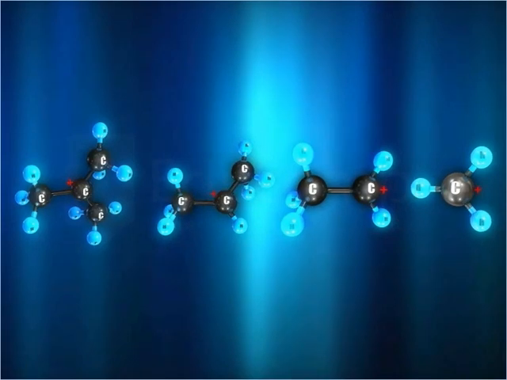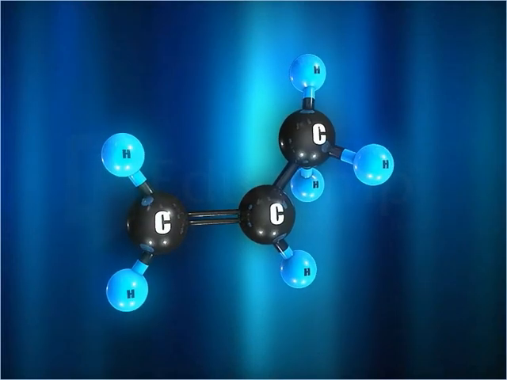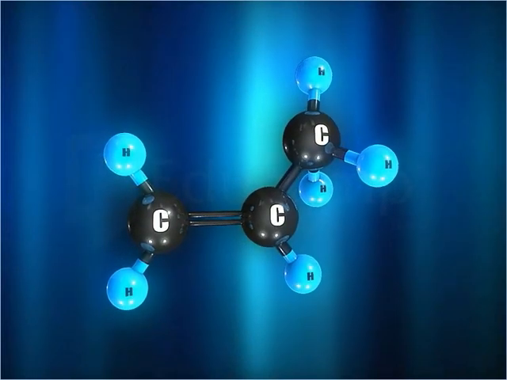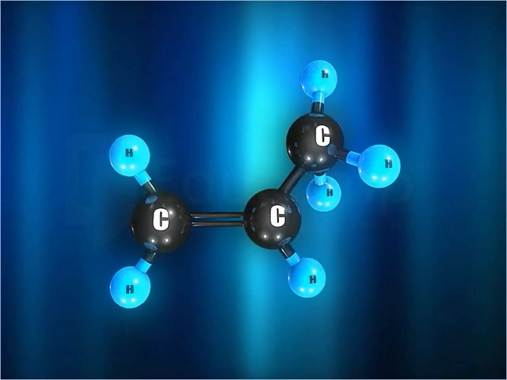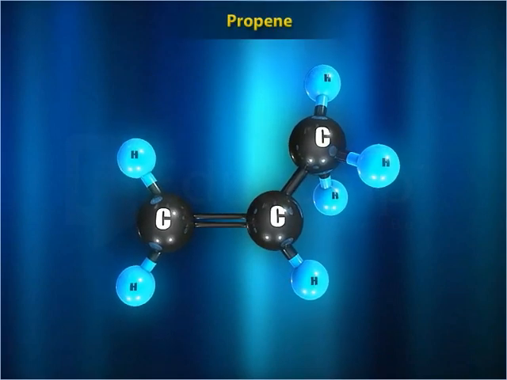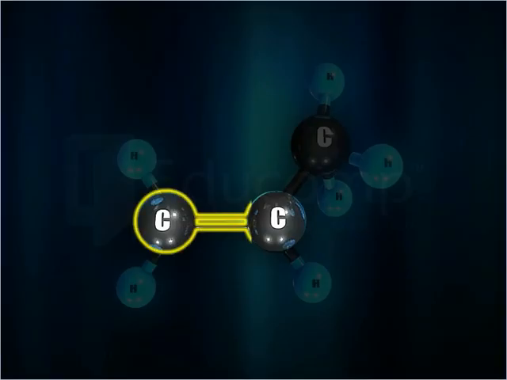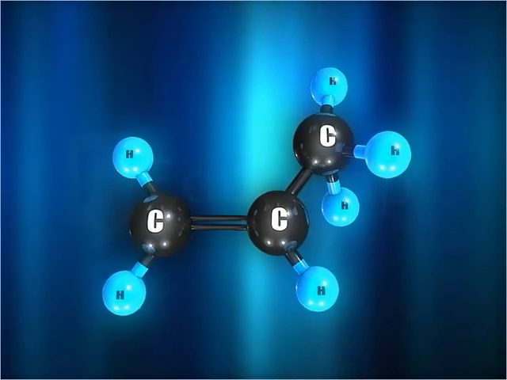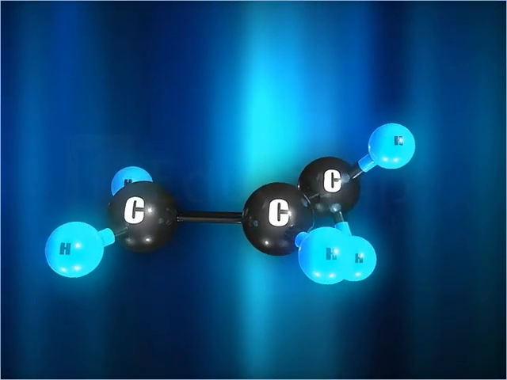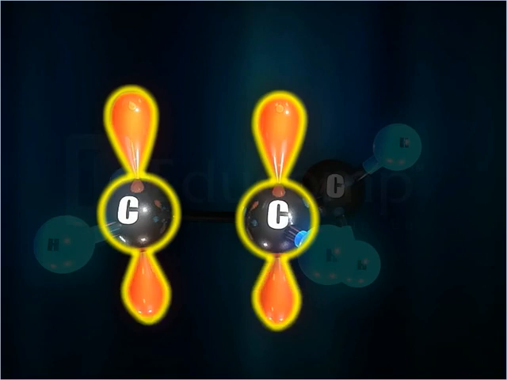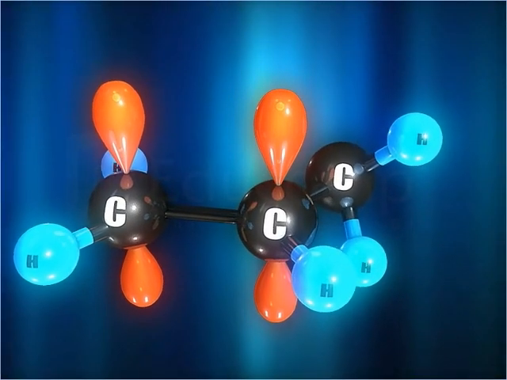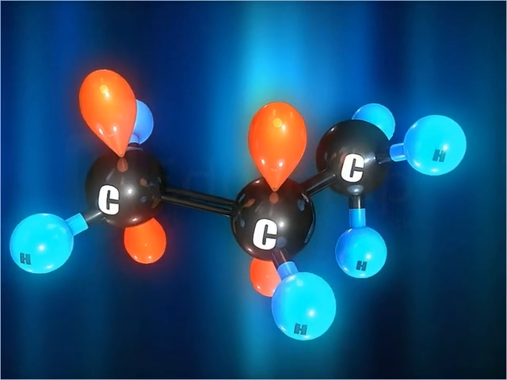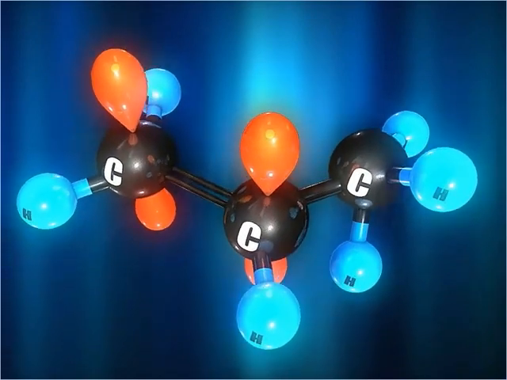So far you have learnt about the hyperconjugation in carbocations. Let's now study about the hyperconjugation in alkenes by considering the molecule of propene. Both the doubly bonded carbon atoms in a propene molecule have one unhybridized p orbital with single electron. One of these doubly bonded carbon atoms has one methyl group attached to it.